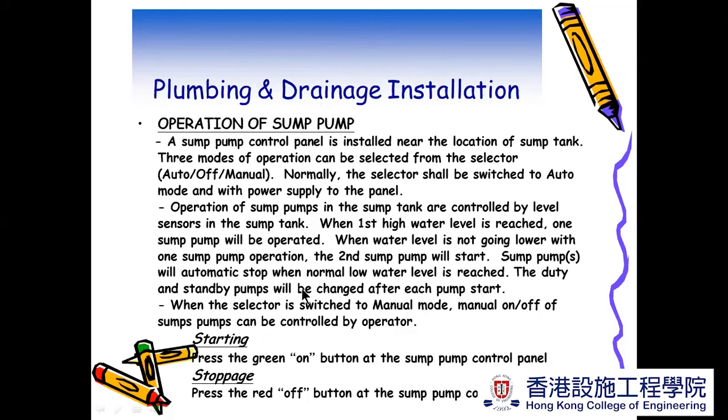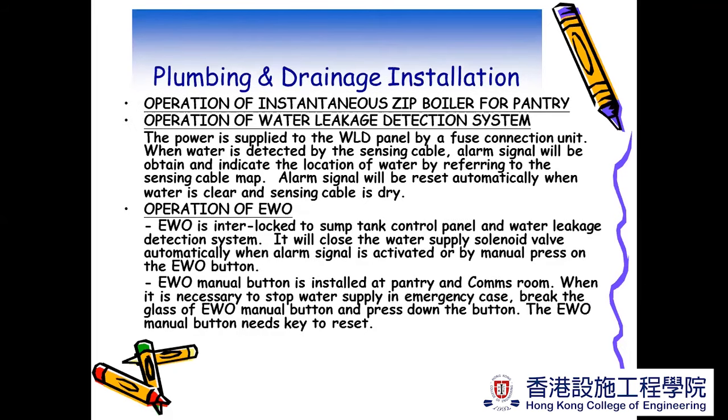Some pump we talked about. This is automatic. Right? Of course, you can also use manual means, right, to start to pump the drain water leaks, right? Okay, so we talked about this boiler and the emergency water off valve as well.